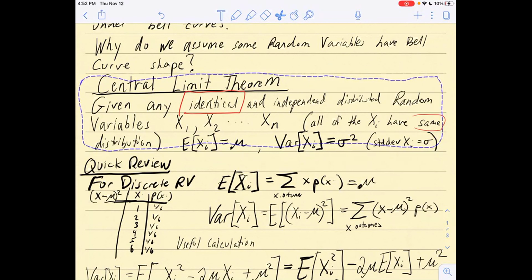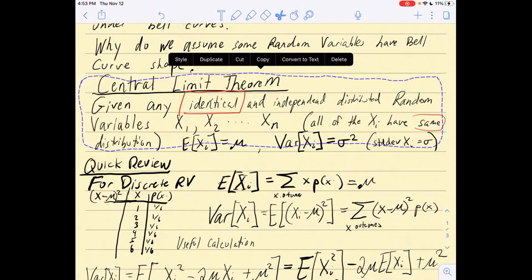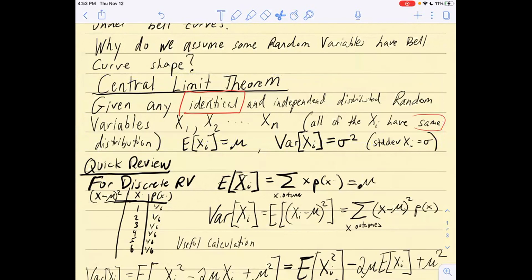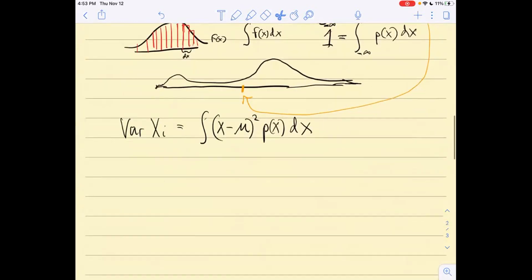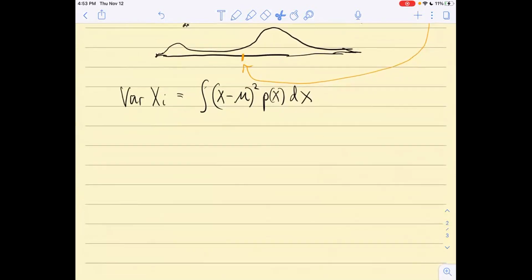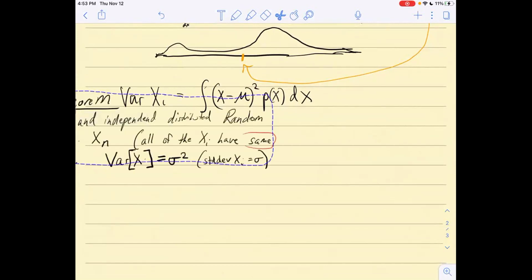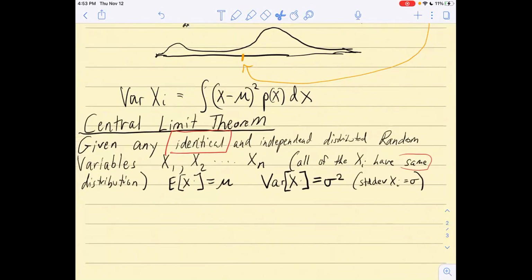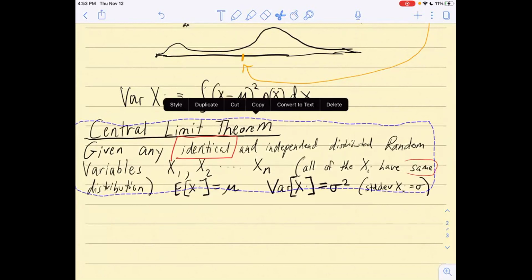I always just gave it to you, because technically to calculate it from some distribution, if it's a discrete one, you'd have to put it in Google Sheets, or otherwise you'd have to do some integral. But luckily, we don't have to worry about that. We will again be estimating sigma using the data points.